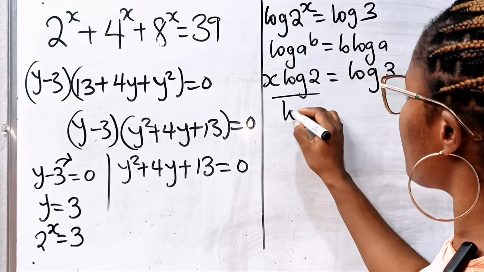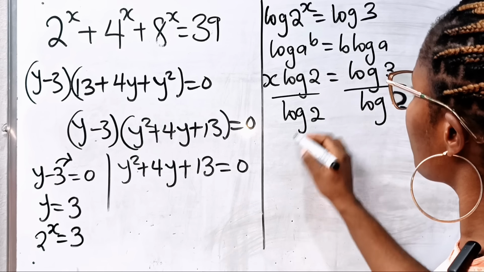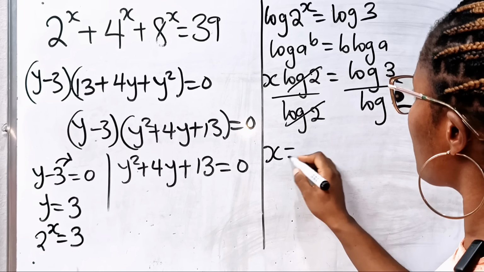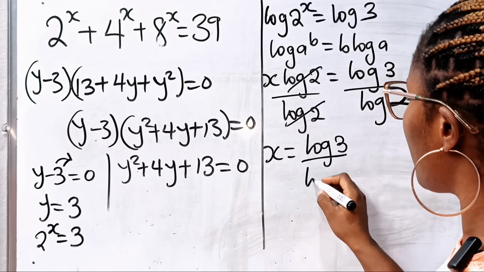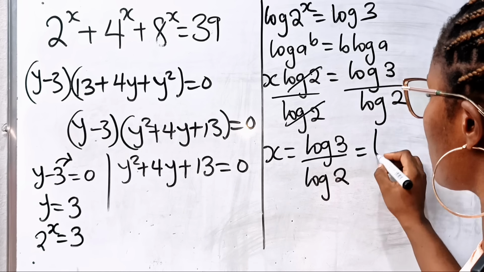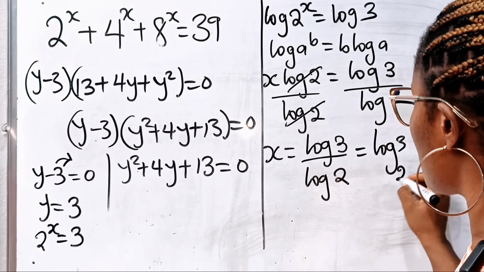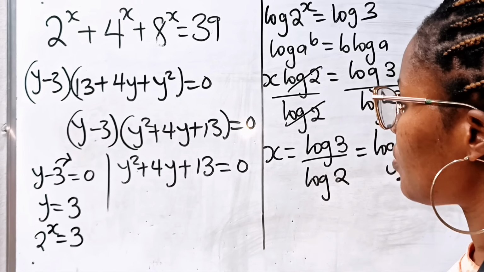Divide both sides by log 2, and you have that x is equal to log 3 divided by log 2, which is equal to log 3 base 2. So our x is equal to log 3 base 2.